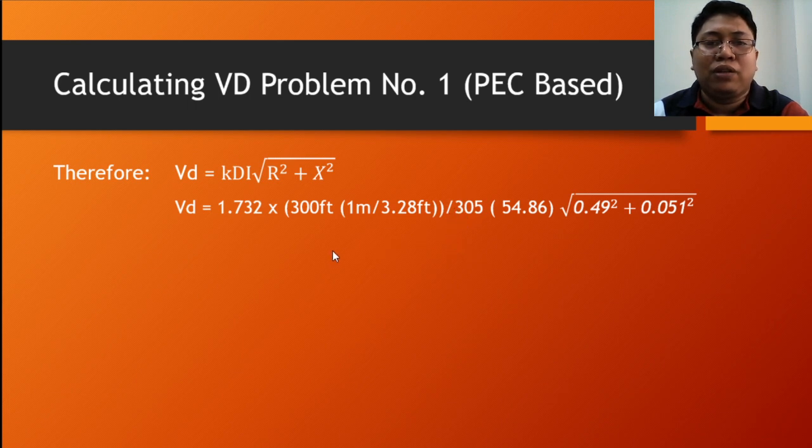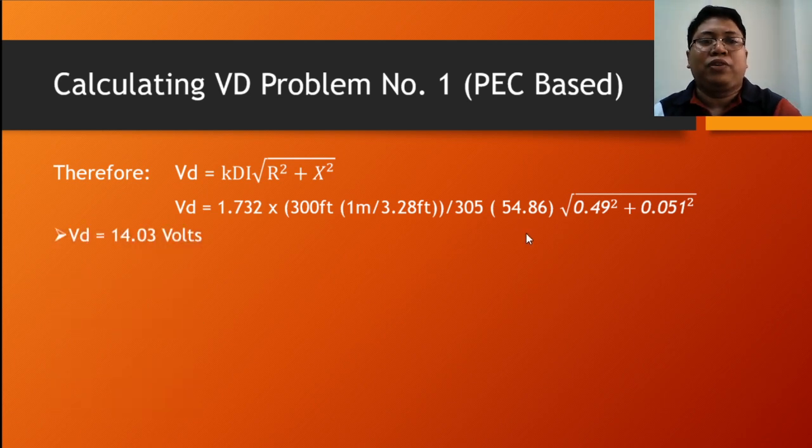Based on the table, yung given na value ng X and R based sa PEC is per 305 meters. So, technically, we need it to divide by 305 para mag-fit siya dun sa value nito mga to. And then, multiply by 54.86 which is the calculated full load current natin kanina. Then, the result will be VD is 14.03.